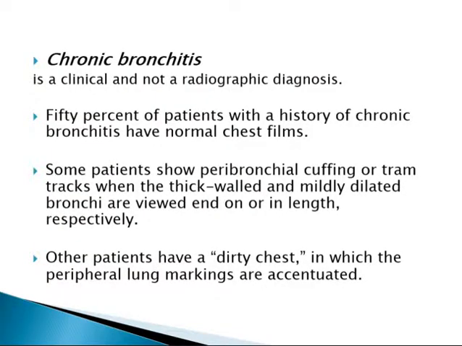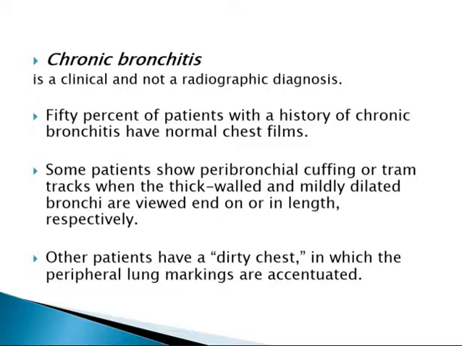Chronic bronchitis is a clinical and not a radiographic diagnosis. 50% of patients with a history of chronic bronchitis have normal chest films. Some patients show peribronchial cuffing or tracks when the thick-walled and mildly dilated bronchi are viewed end-on or in length.